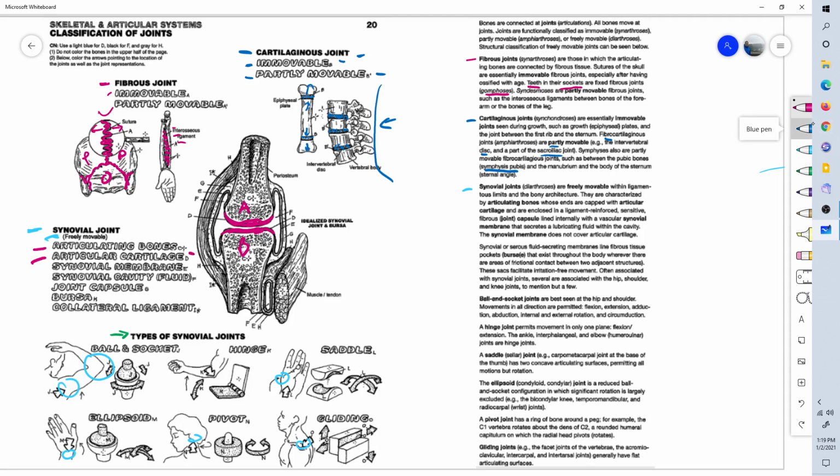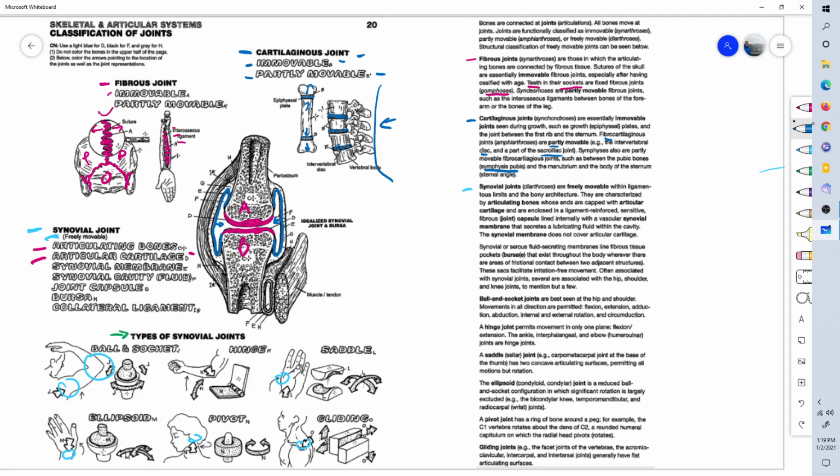Now, moving outward, this little layer right here is called the synovial membrane, and that's why these are called synovial joints. The synovial membrane creates an airtight capsule, and it puts out fluid into this little cavity, the synovial cavity here.